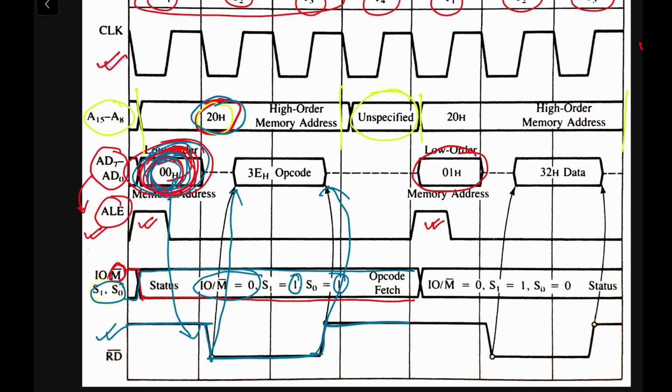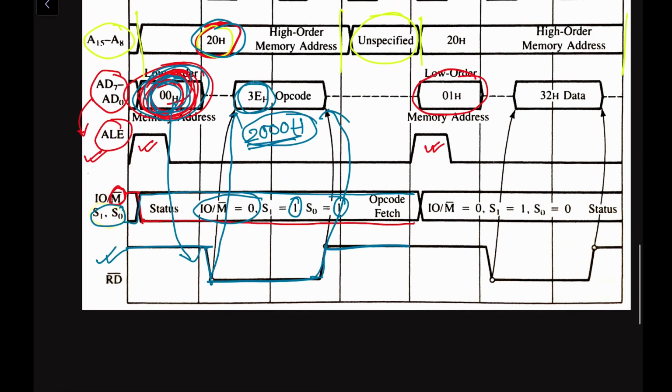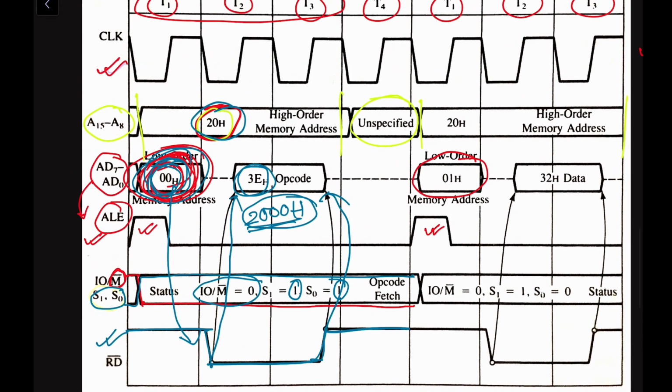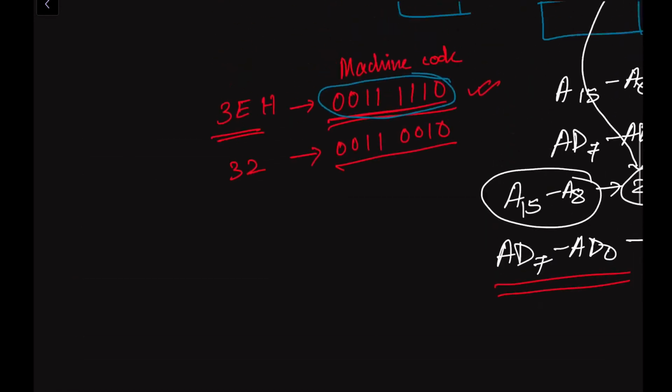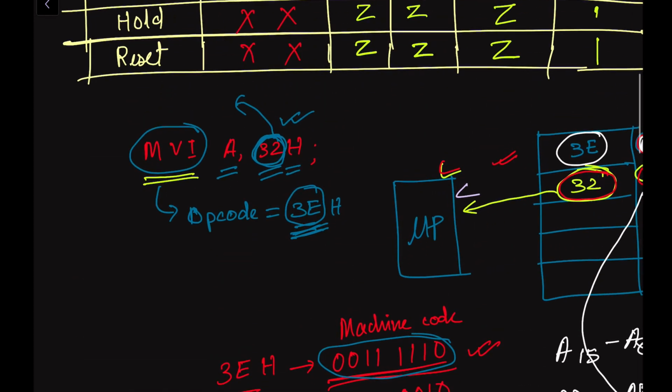After getting the 00H, the microprocessor goes to 2000H. This is the memory location, and in that memory location we have this data available, which is the opcode 3EH. So this 3EH will be collected by the microprocessor through the data bus.